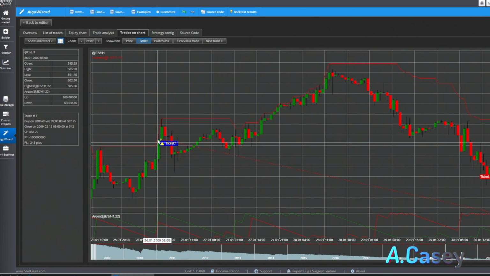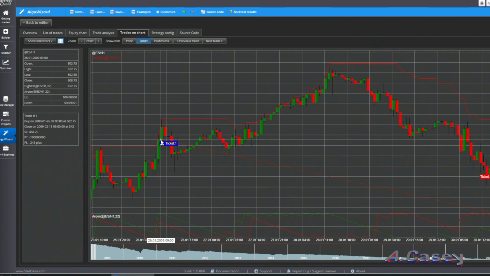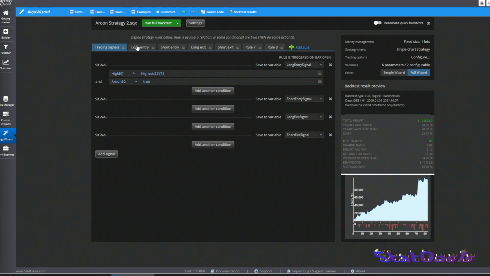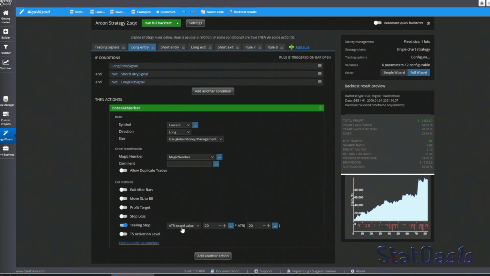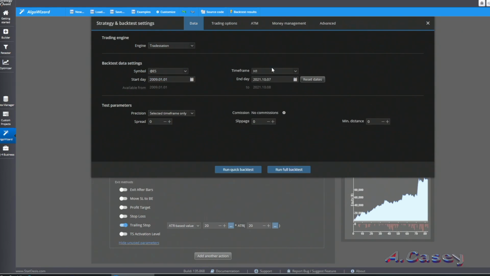And then so we go long on the next bar, and my exit currently is just an ATR based value, so 20 times the ATR. Now you might say that 20 is too much, but remember, this ATR is calculated on the hourly time frame. So of course, on the hourly time frame, the ATR will be small.